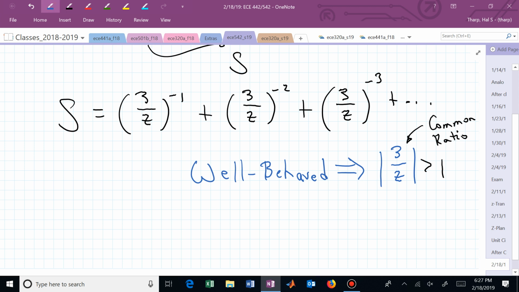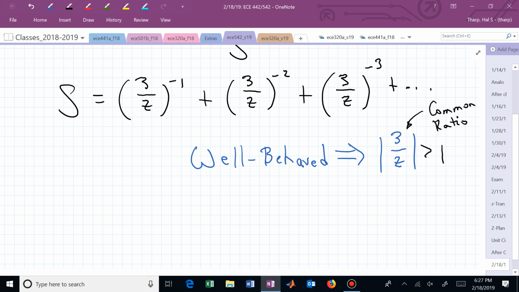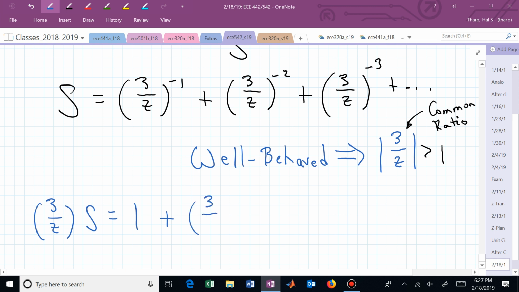What is that S? Well, if we multiply both sides by that common ratio of 3 over z, then the first term is actually going to be 1. The next term, which is 3 over z to the minus 2 times 3 over z, is actually 3 over z to the minus 1.